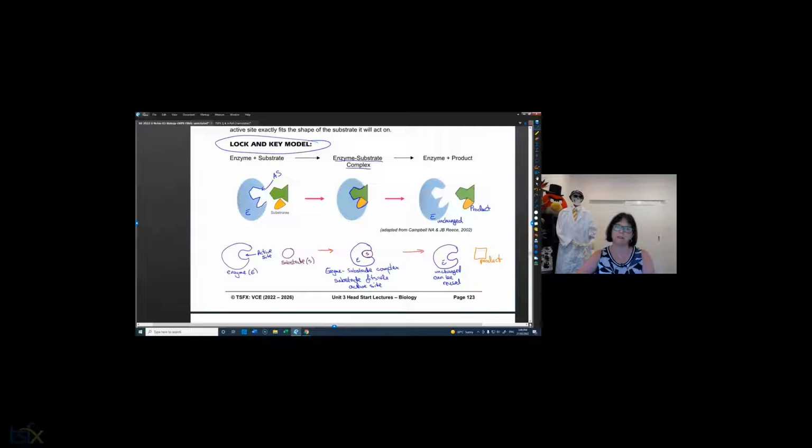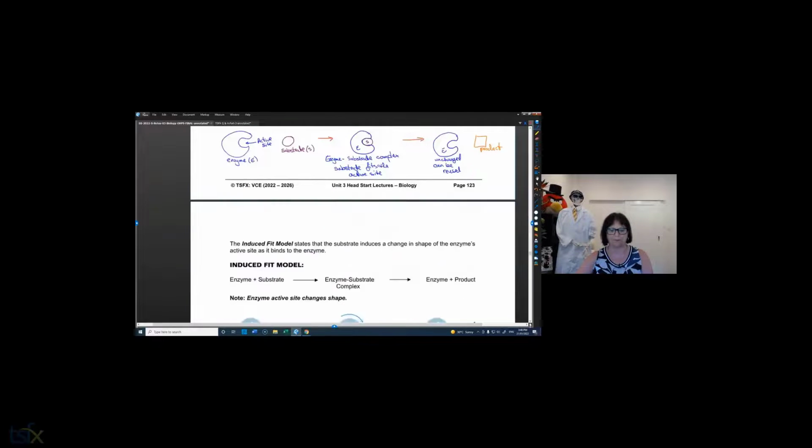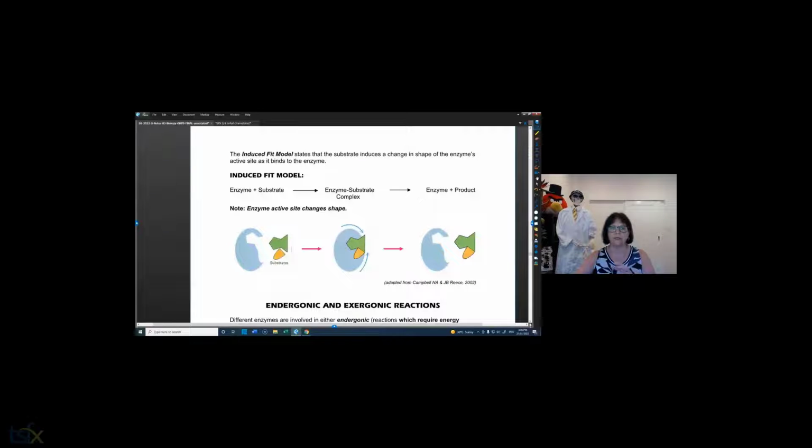And if you're ever asked to explain it, the lock and key model is the one to explain. But there is another theory. They think that most enzymes probably do lock and key, but there is another theory called the induced fit. The reason there's this theory is because when they analyze cells, the number of enzymes in a cell does not match the number of pathway steps in the metabolic reactions.